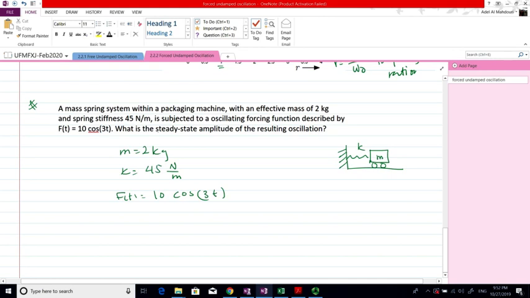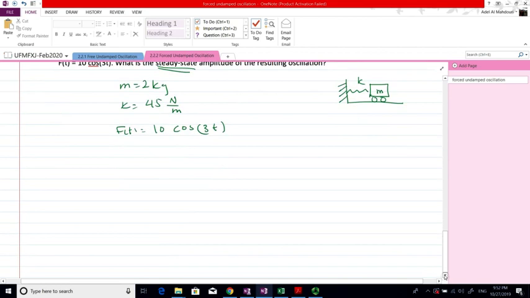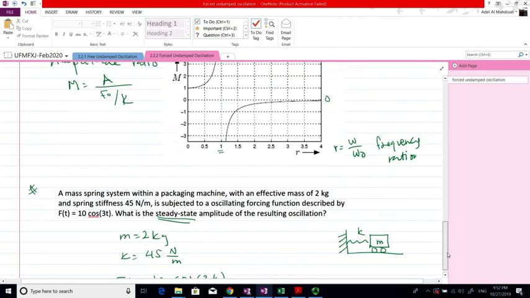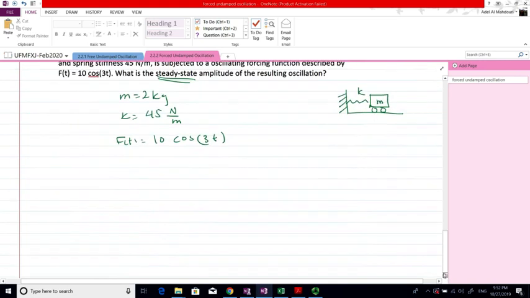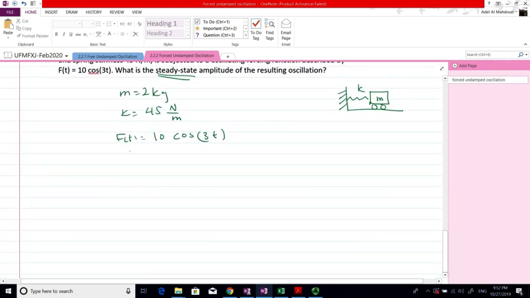So we need to find the steady state amplitude A. How can we do that? The first thing, let's analyze this.